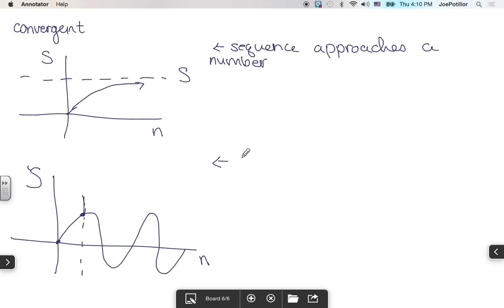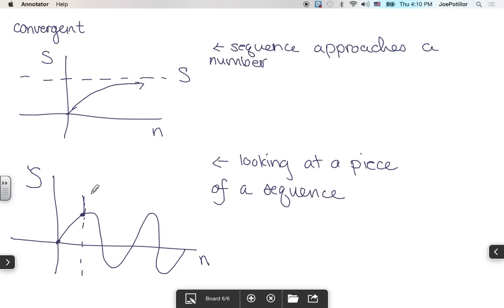In this situation, I'm looking at a piece of a sequence. Those are the two situations we can have for what we call something that's convergent.